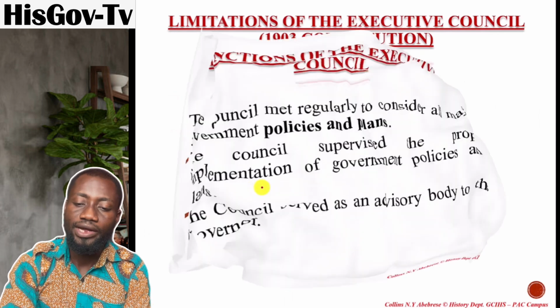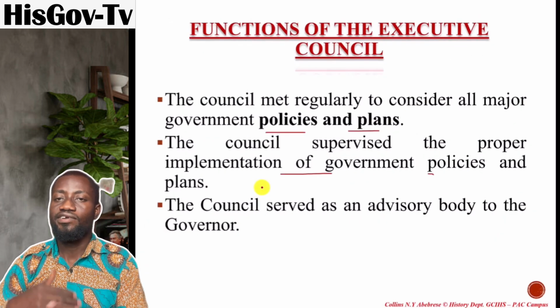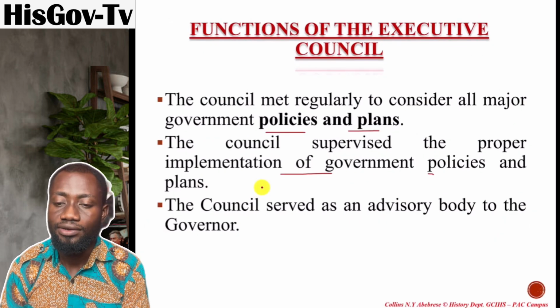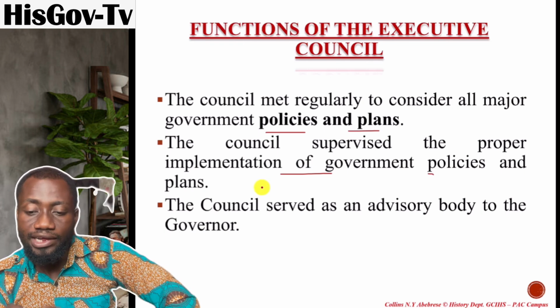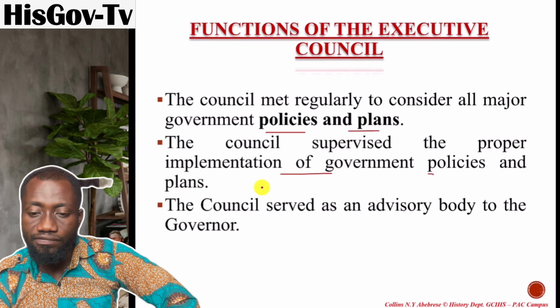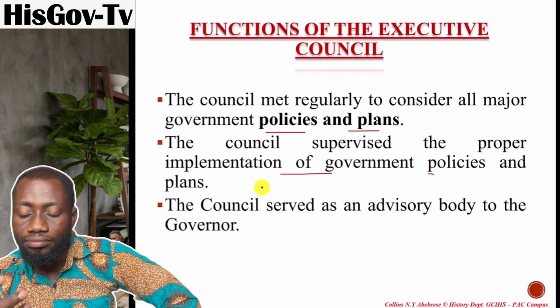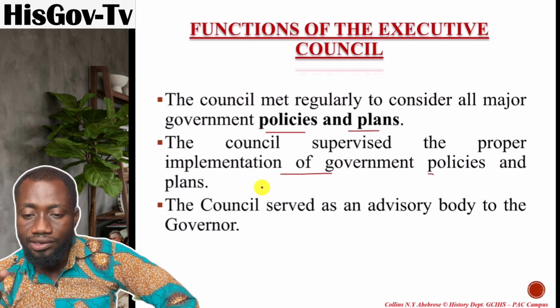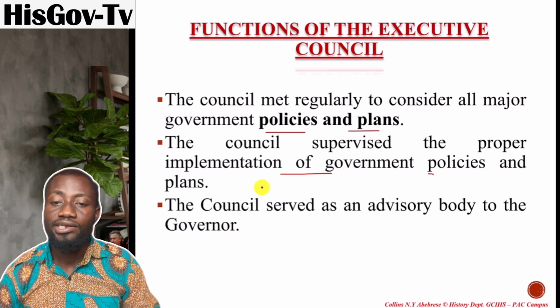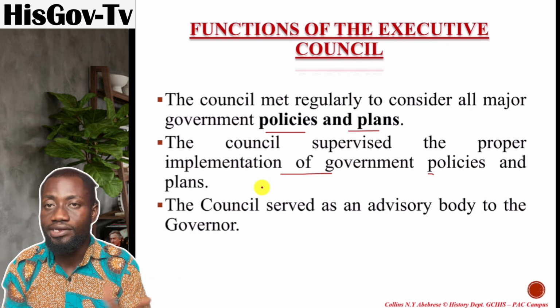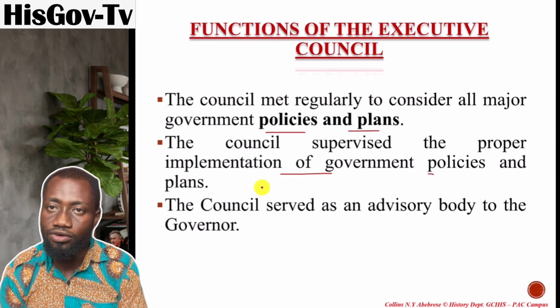Okay, so these were some of the functions expected of the members of the Executive Council: advise the governor, supervise the proper implementation of government policies and plans, and consider all government policies and plans. So they meet to talk about what the government wants to do and all of that.